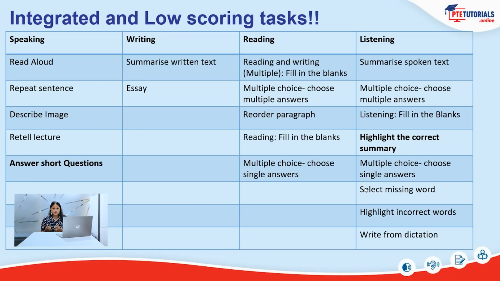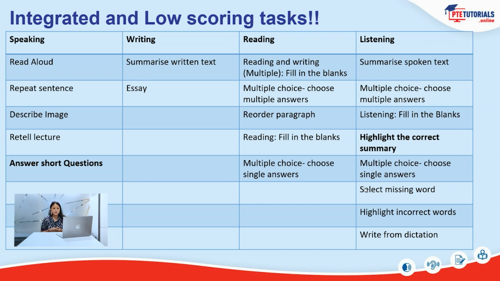In the listening module, there is none of the tasks which is high scoring and non-integrated. Now let us try to understand the integrated and low-scoring tasks. These are tasks which are integrated but of least importance.